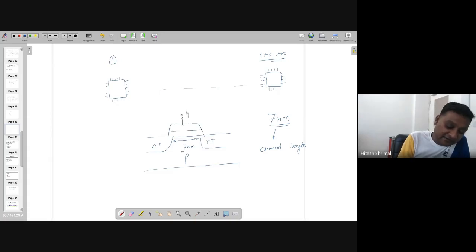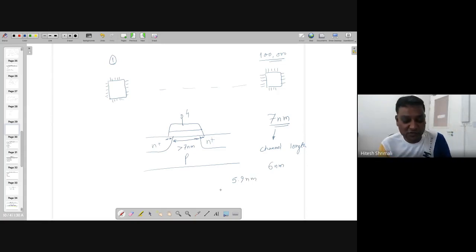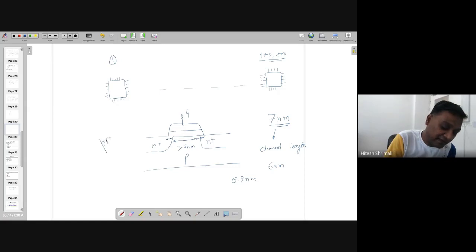It will be something lesser than 7 nanometer. And definitely you have some delta L or some overlap area which creates channel length modulation. So when you're making this, sometimes you can achieve 6 nanometer, sometimes 5.9, sometimes 5.8, and so on. I would refer to this as process variation.